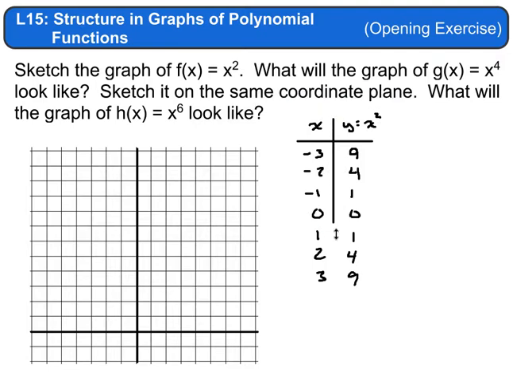And so if we graphed them, let's see, -3, now let's see if we ever have 9. 1, 2, 3, 1, 2, 3, 4, 5, 6, 7, 8, 9. Here, -2, so 1, 2, 1, 2, 3, 4. -1, 1, 0, 0.